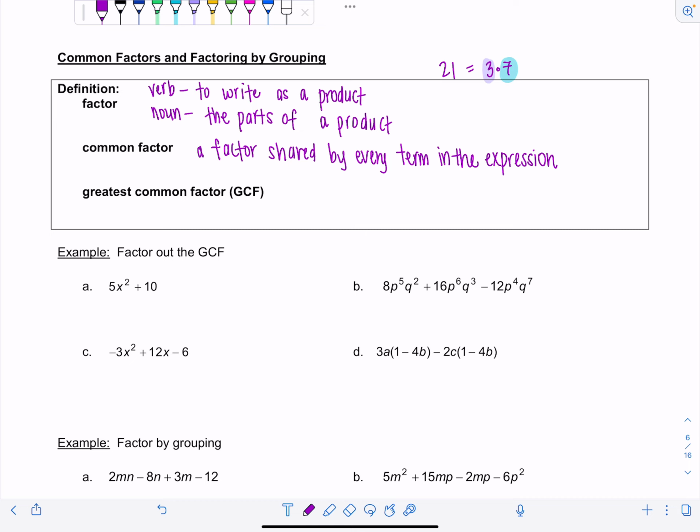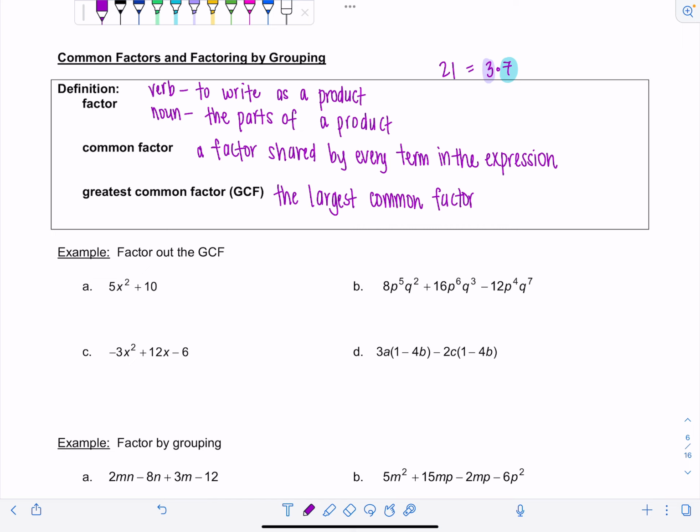A common factor is a factor that every single term in that polynomial would have. Okay. Greatest common factor, which we refer to often, so we've got this snazzy abbreviation for it, GCF, that is the largest common factor. And you'll often hear me refer to it because when factoring, the very first step, just factor, is to take out the GCF from whatever expression you're attempting to factor.